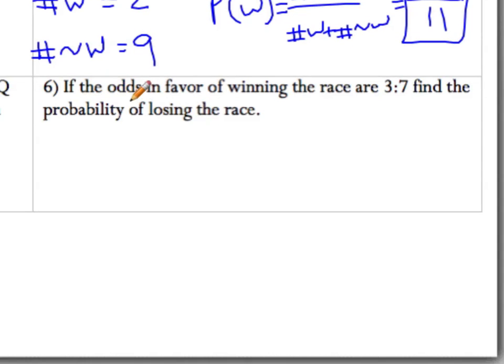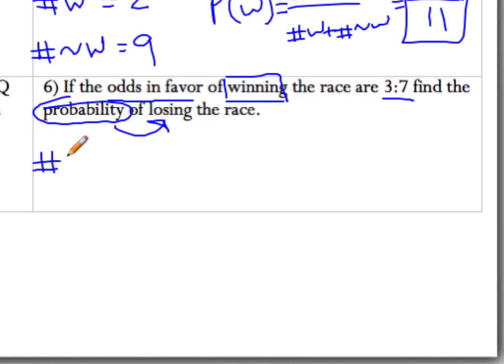For number 6, it says the odds in favor of winning are 3 to 7. Find the probability of losing the race. Here we want to find the number of winning and the number of not winning, which we also can think of as losing. Okay, so the odds in favor of winning means we have 3 wins to 7 not wins.